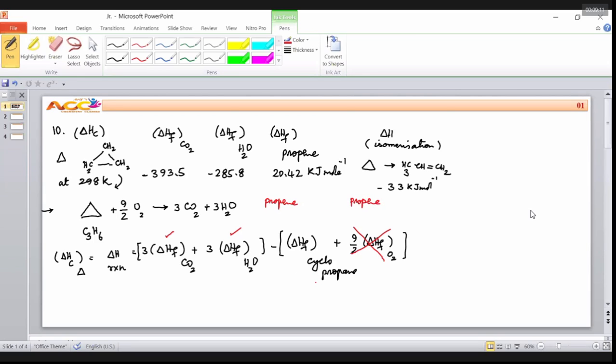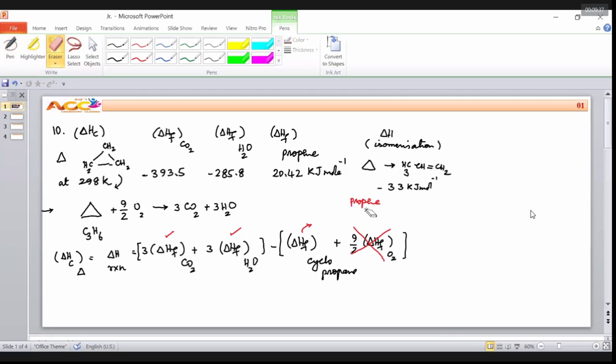But I want cyclopropane. For that purpose, I'll play a game. This is conversion of cyclopropane to propene. If you reverse the equation, it becomes propene to cyclopropane. And what do you want? Enthalpy of formation of cyclopropane only. Therefore, this should be written.